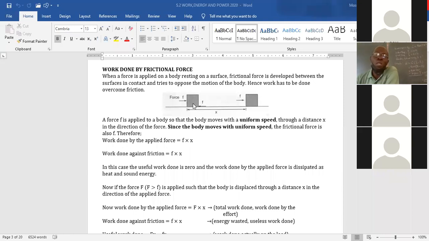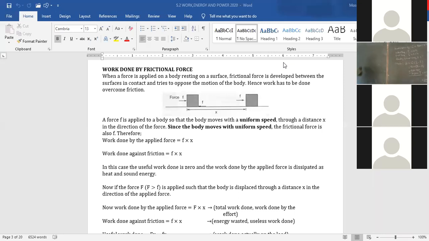Now, when you apply a force, a force comes into play between the two surfaces, trying to oppose the motion. I want you to look at my video and concentrate on what I'm going to draw on the board.